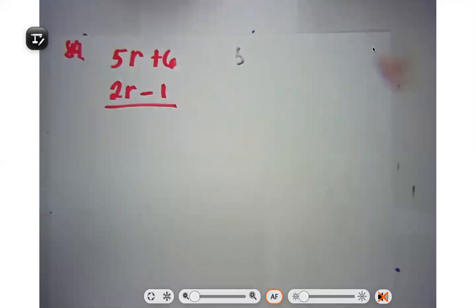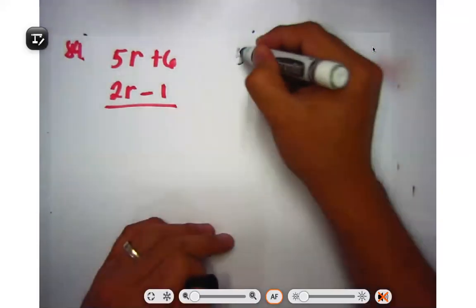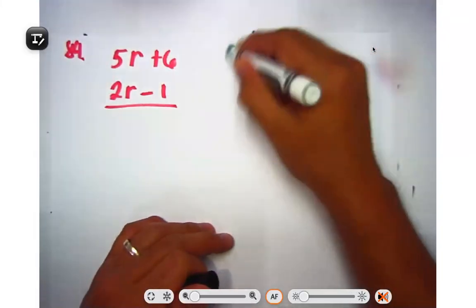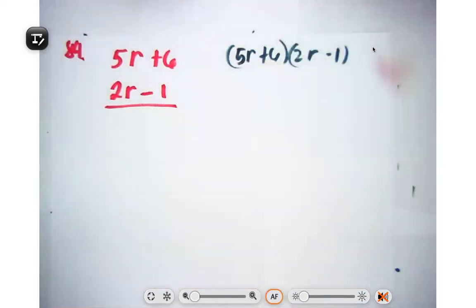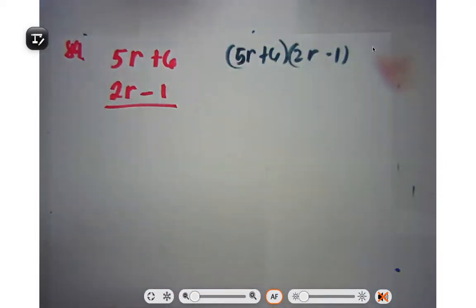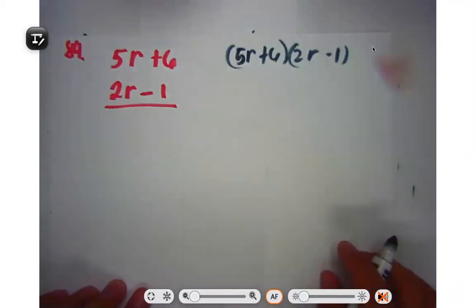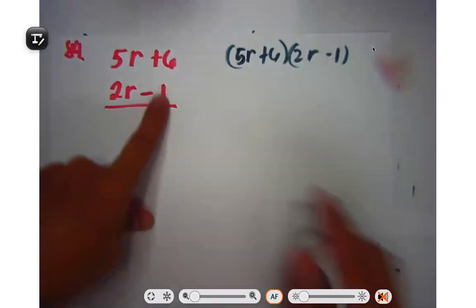So for number 84, you have 5r plus 6 times 2r minus 1. This is the same thing as 5r plus 6 times 2r minus 1. You might be doing the FOIL method, it's just fine, but let's use another method, another form of using the distributive property. All right, so we start from negative 1.